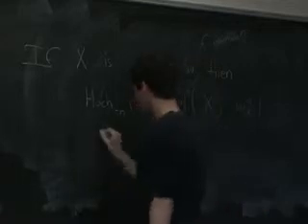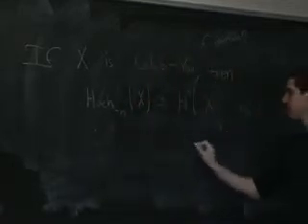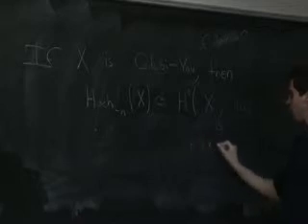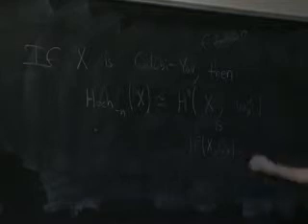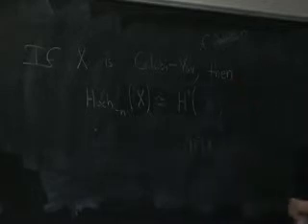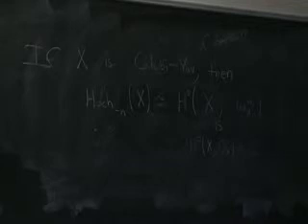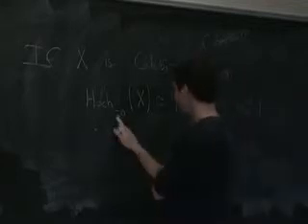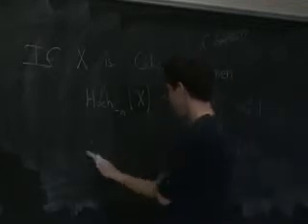But now if X is Calabi-Yau, this can be identified with H naught of X with coefficients in O_X. So if X is, say, compact, that's just the complex numbers. Just the canonical rather than dual? What's that? Maybe canonical rather than dual? Well, you know, I really want to be doing this in degree.